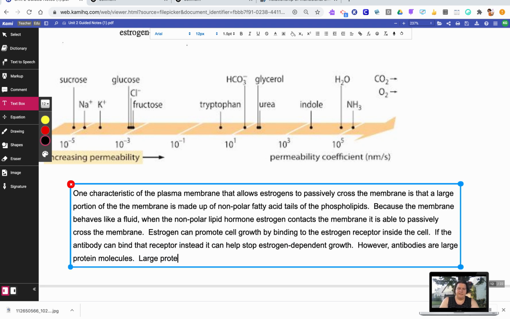Large protein molecules will not be able to enter the cell and pass through the lipid bilayer.